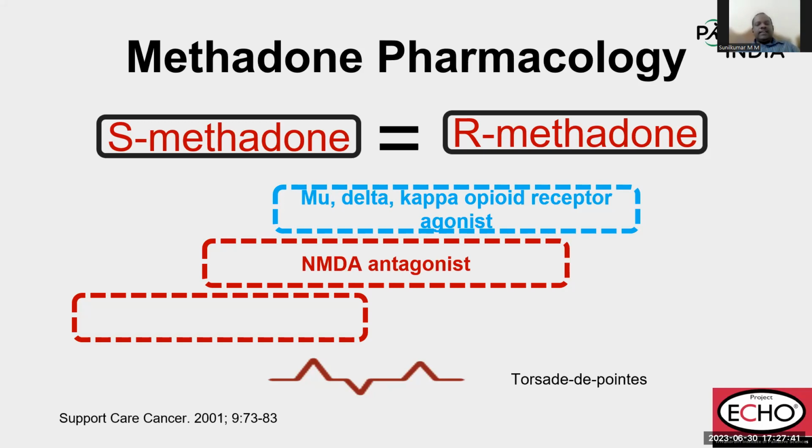And another NMDA antagonist, which is usually used, is what? Yeah, it's ketamine. So methadone also has NMDA antagonistic property. And it also inhibits the reuptake of noradrenaline and serotonin. So which other group of medication has this mechanism of action? Inhibition of reuptake of serotonin and noradrenaline.